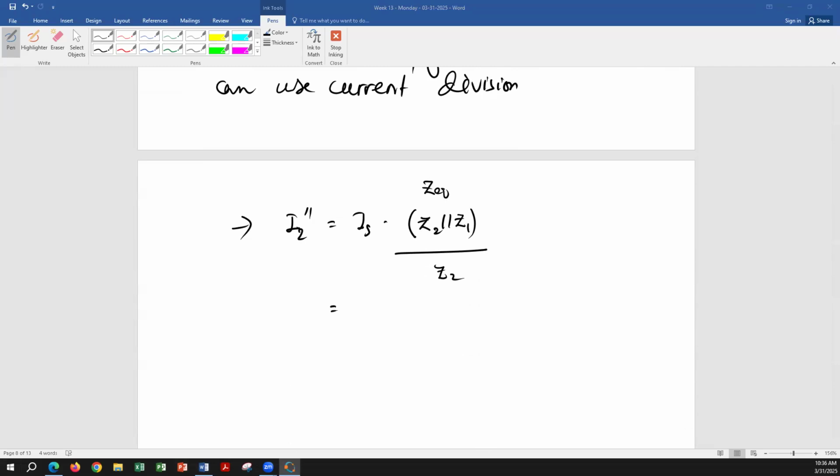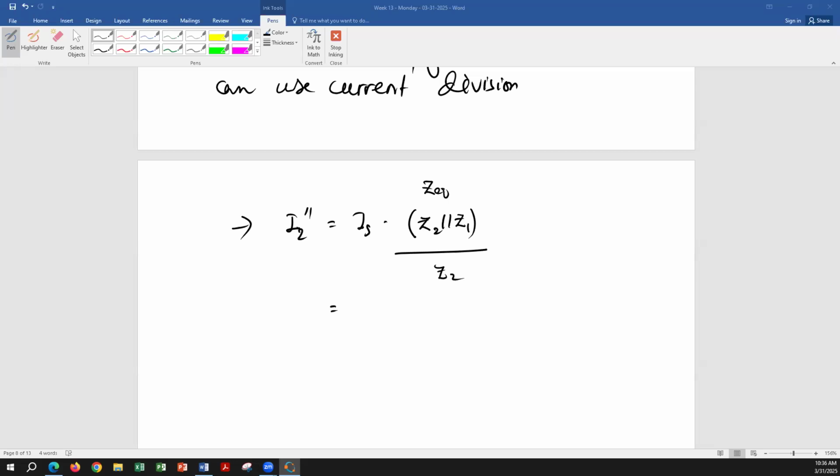So I2 double prime is equal to IS times the parallel combination of Z1 and Z2 divided by Z2.